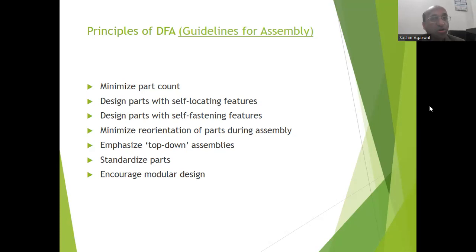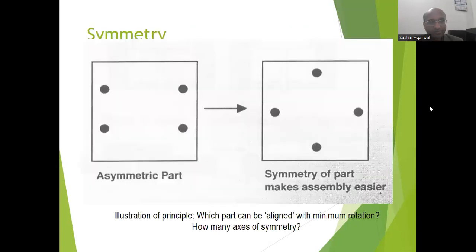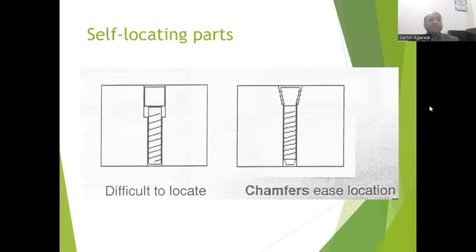The modularity concept is very common, so try to make a modular design. See these, there are some asymmetric parts and symmetric parts. They are difficult to locate, and chamfers help location. So these are the types of self-locating parts.